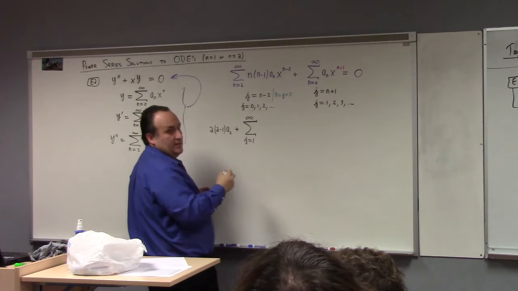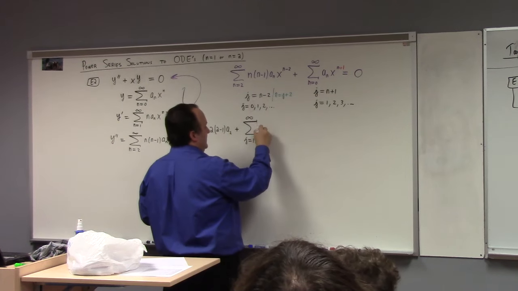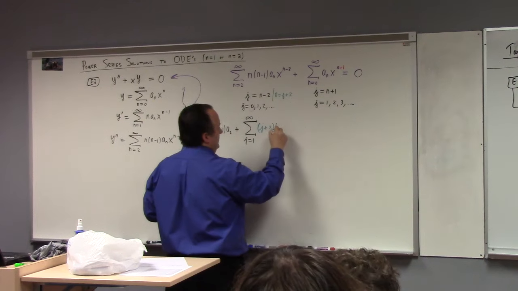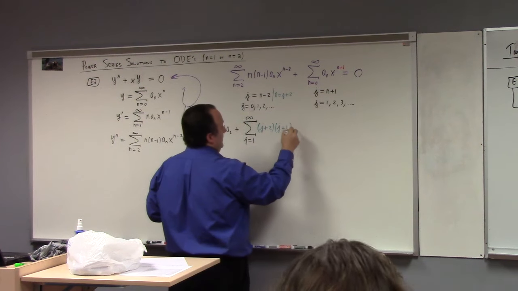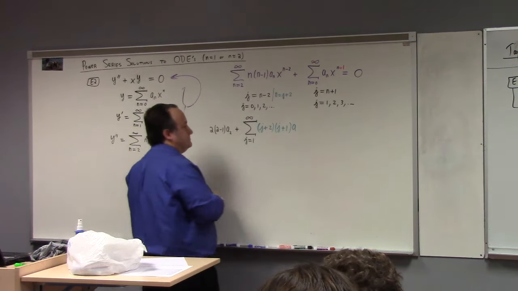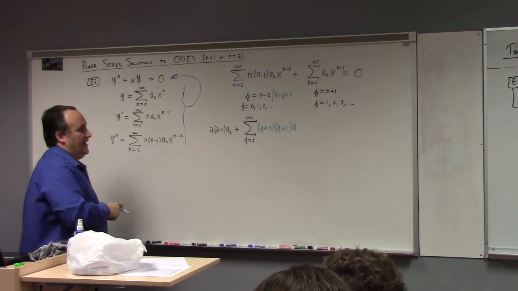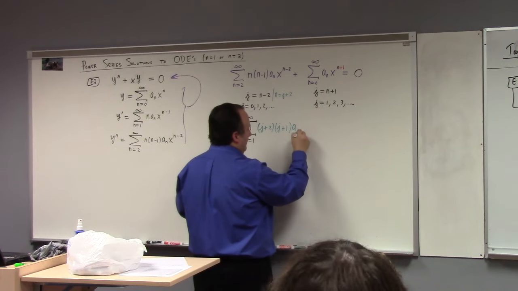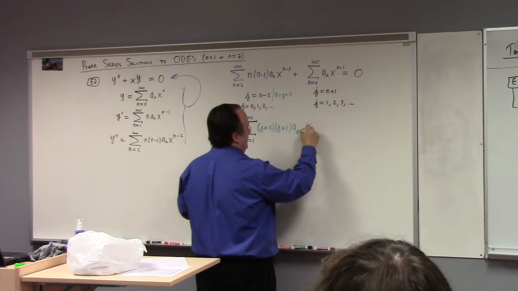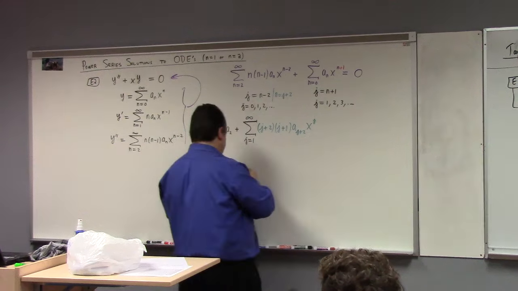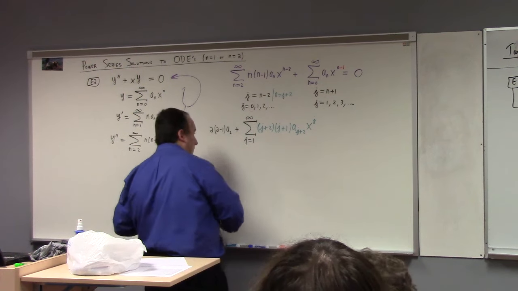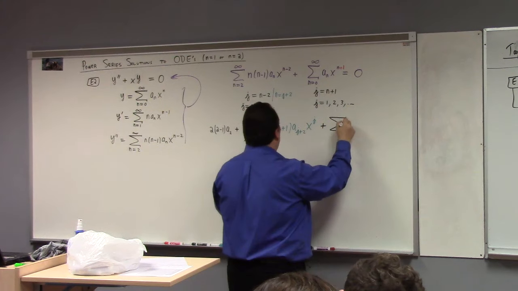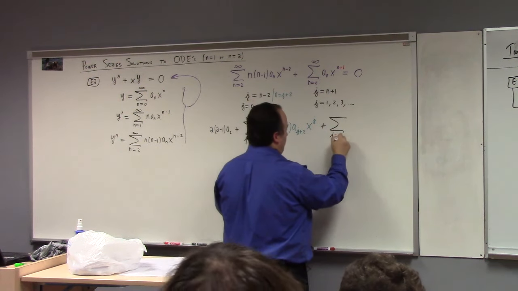So I have j plus 2 times j plus 1, a sub n, but a sub n is a sub j plus 2, then x to the power j. Then over here on the other one, I've got the sum j equals 1 to infinity.